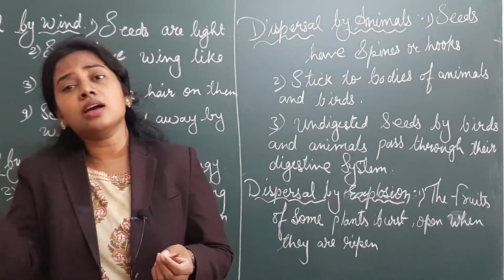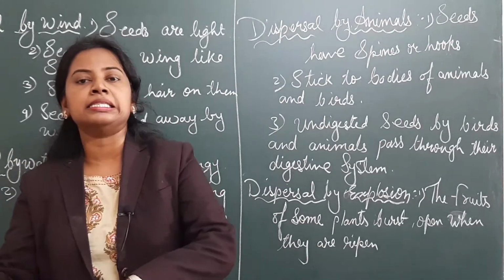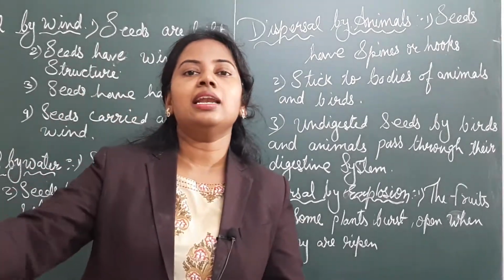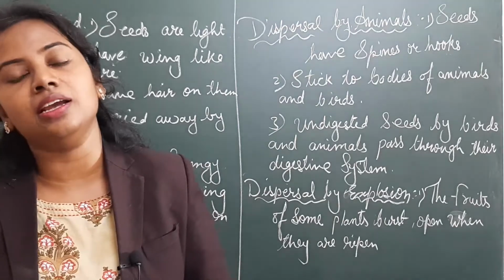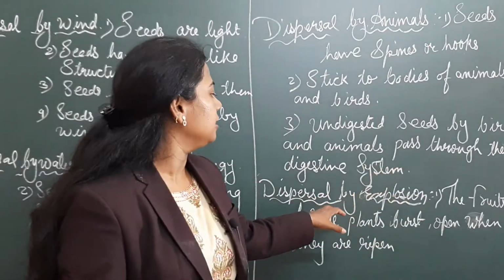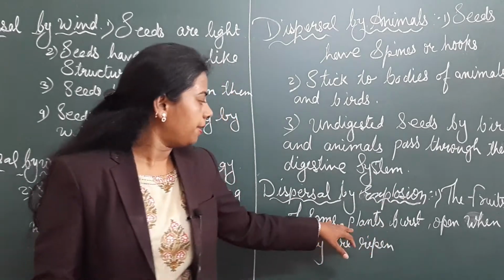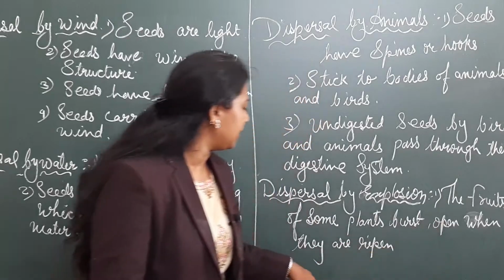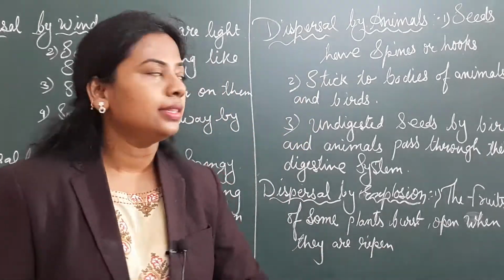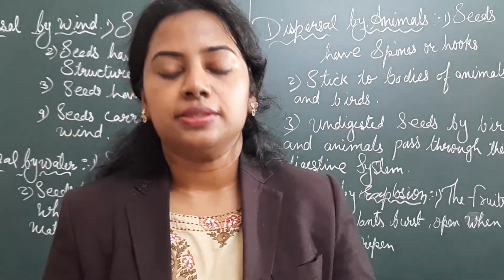So the seeds come out from that and fall from the mother place to another place. So that is the sowing of the seed in another place with the help of soil. This is dispersal by explosion. The fruits of some plants burst open when they are ripened. So these are some modes of seed dispersal.